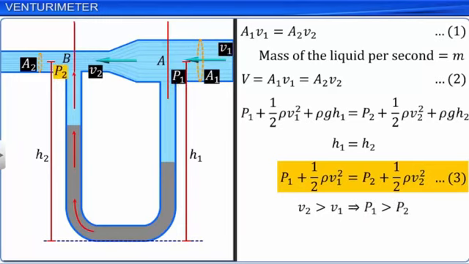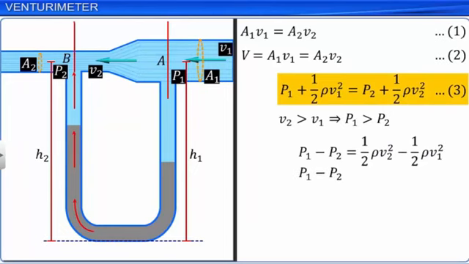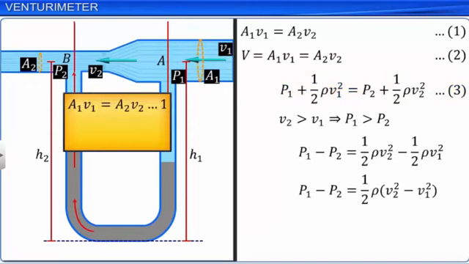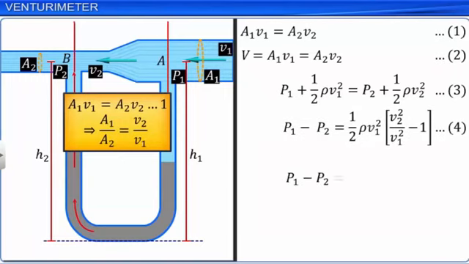We then rearrange the terms in equation 3 to find the difference in pressure at A and B and express it in terms of the density of the liquid and the velocities at the 2 points. From equation 1, A1 by A2 is equal to V2 by V1. Substituting this for the ratio of velocities in equation 4, we get equation 5 as shown.